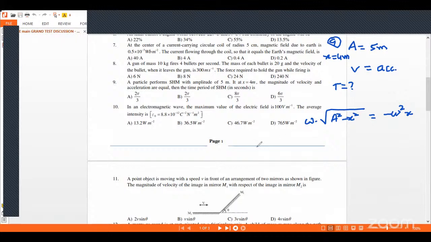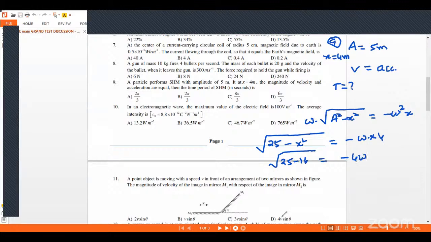So under root, amplitude is 5, so 25 minus x square equals omega times x, where x is 4. They gave x equal to 4. So 25 minus 16 equal to 4 omega.